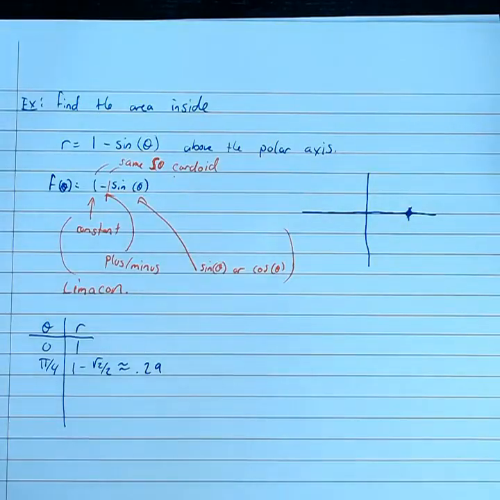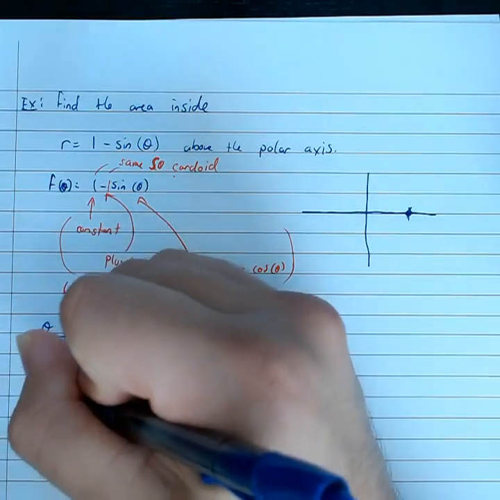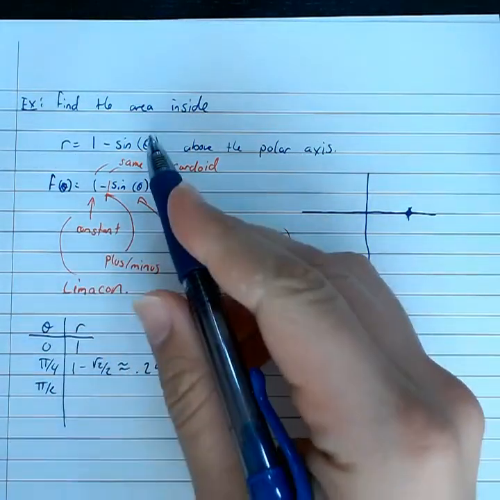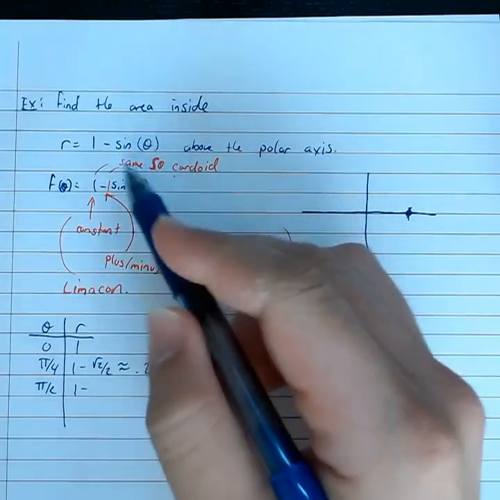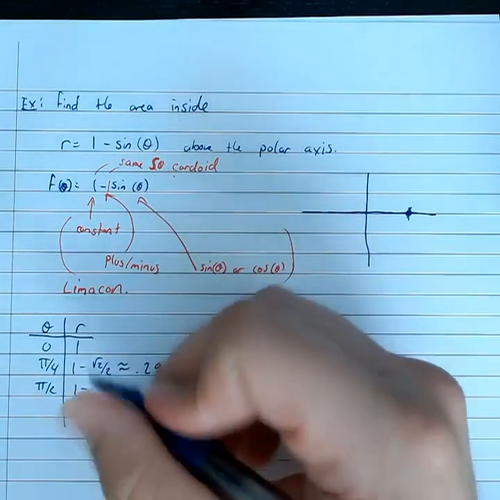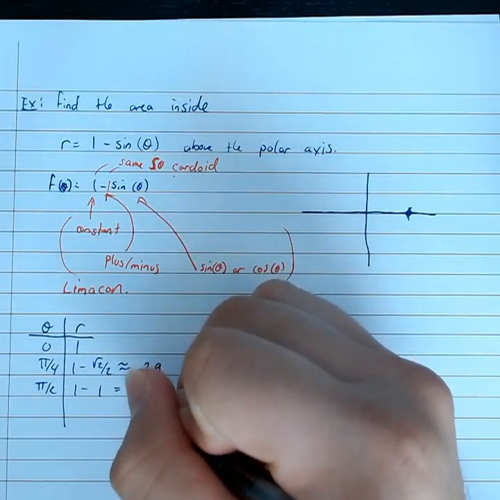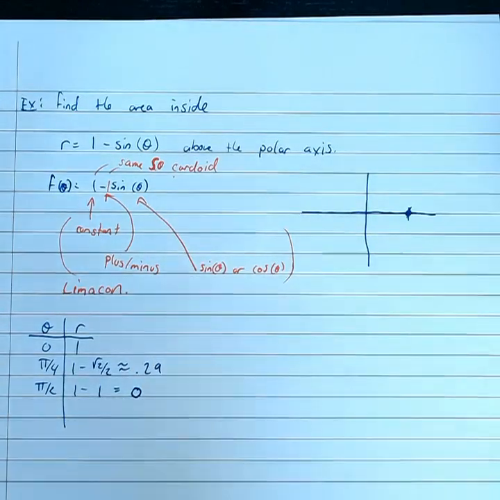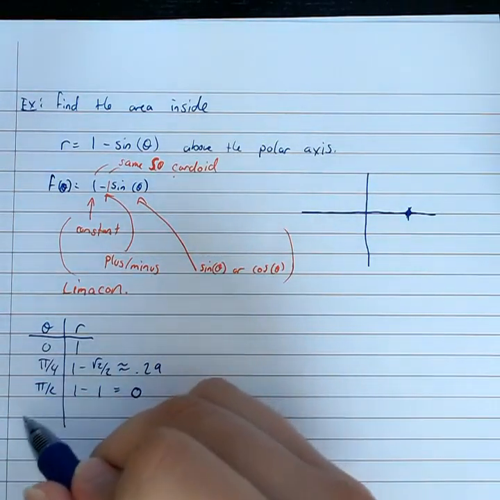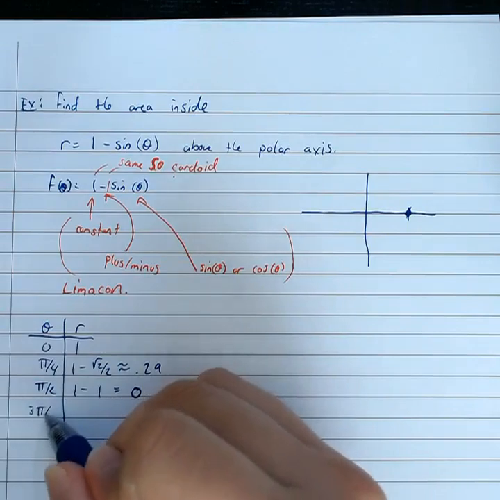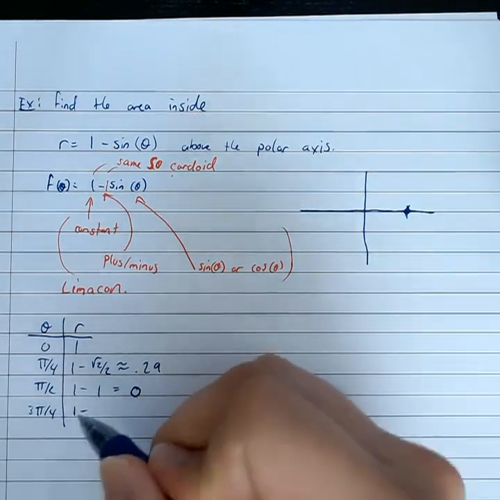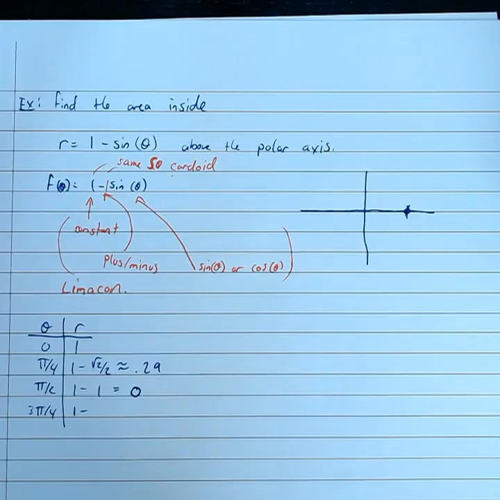Okay, let's see now. Let's use pi over 2. And if I use pi over 2, that's 1 minus the sine of pi over 2, which is just 1. So 1 minus 1 is equal to 0. Okay, good. Here we have, let's do 3 pi over 4. Okay, so that's going to be 1 minus the sine of 3 pi over 4.